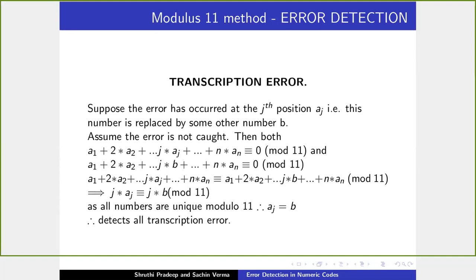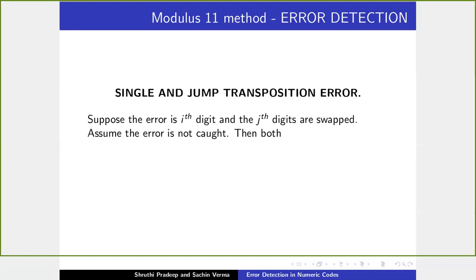But why we go for different methods is that it will detect more errors of other types also, and the maximum percentage detected will be more. In modulo 13, you saw that it detected more errors compared to mod 10.